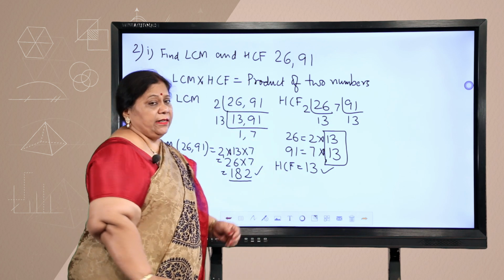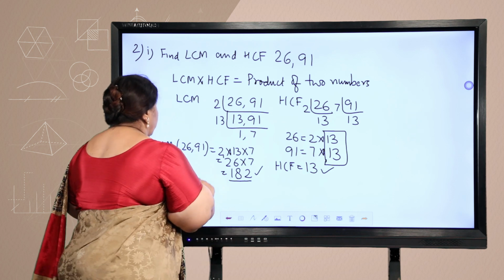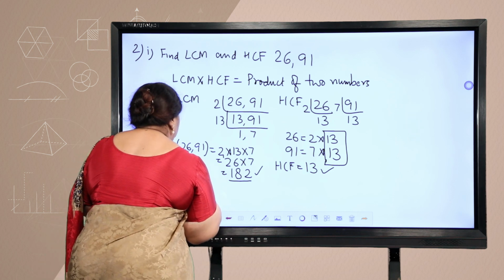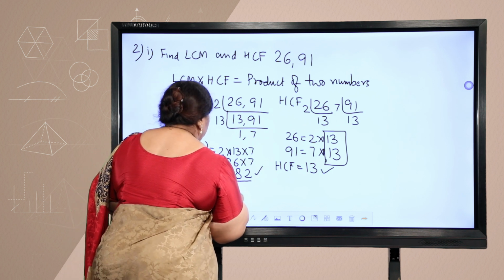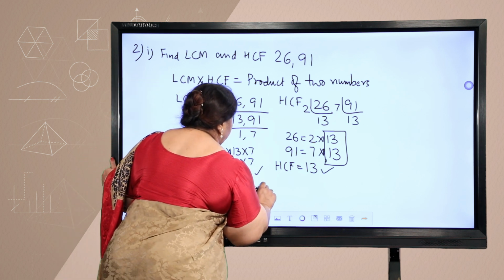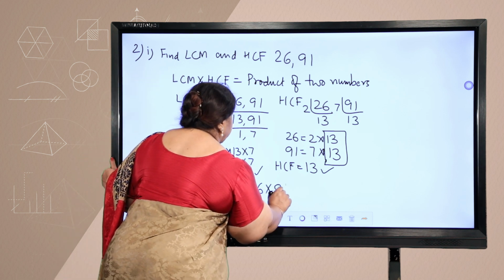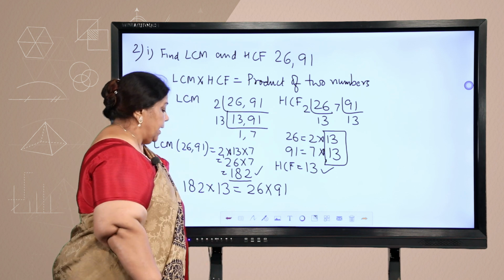Now, the question demands the verification also: LCM into HCF. So, what is LCM? 182 into HCF, that is 13, is equal to the product of 2 numbers. What were the numbers? 26 into 91. We need to verify LHS is equal to RHS.